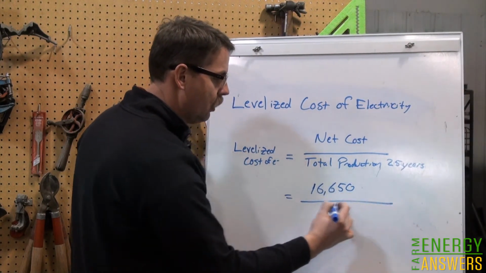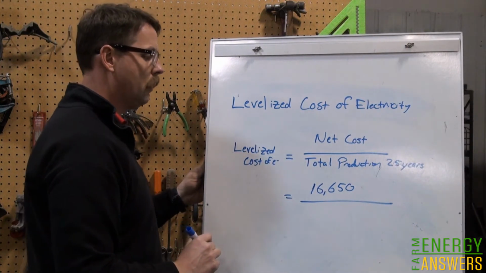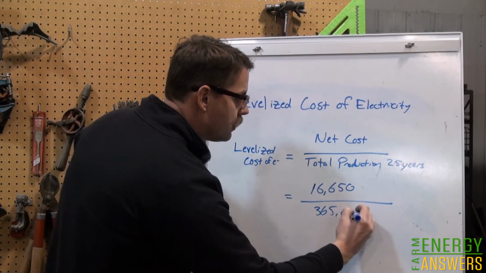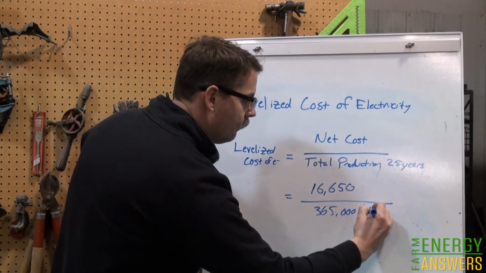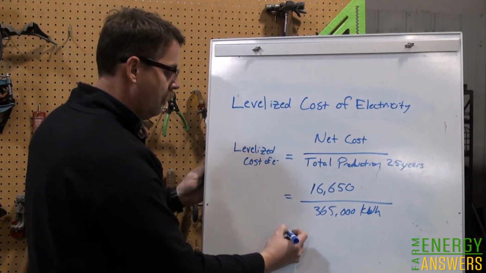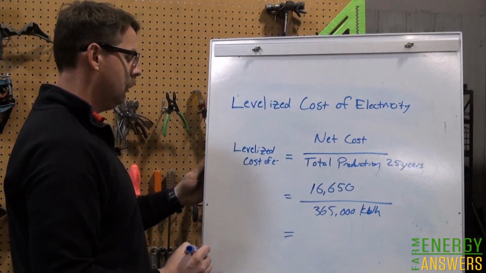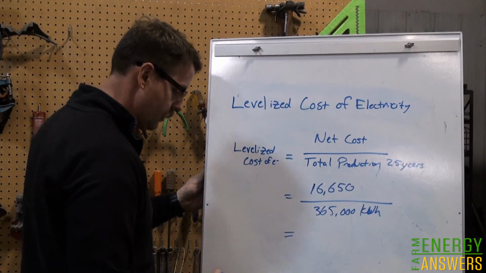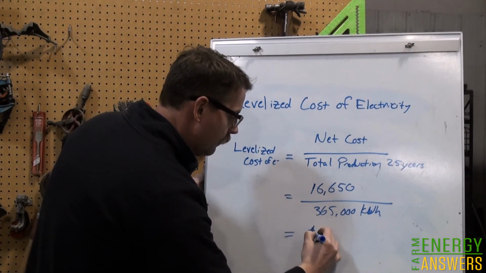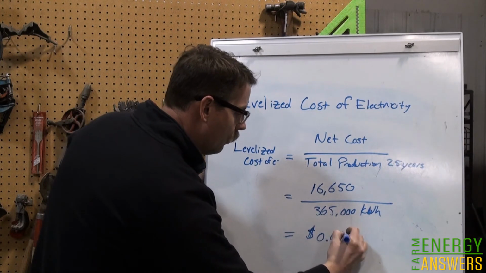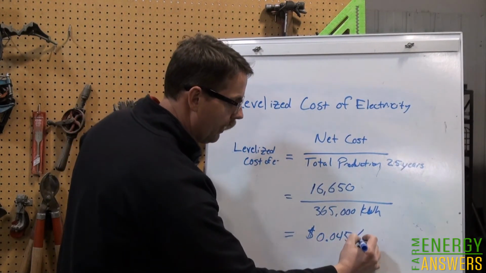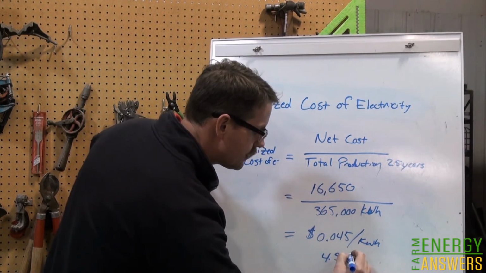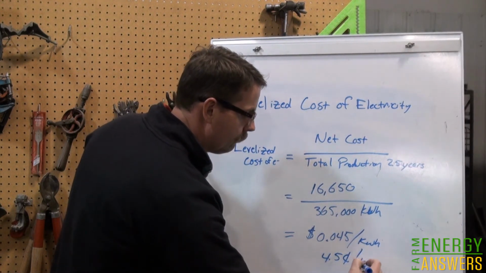Our total estimate of production across 25 years is 365,000 kilowatt hours, which gives us a levelized cost of electricity of $0.045 per kilowatt hour, or 4.5 cents per kilowatt hour.